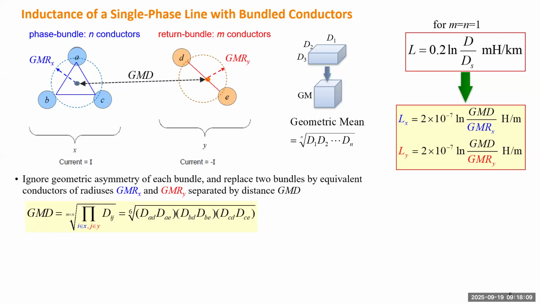GMR will be the average of all distances belonging to just one group, not considering the other group. For instance, if we want to calculate GMR X, how many distances can we generate among group 1? We have AB, BC, AC.